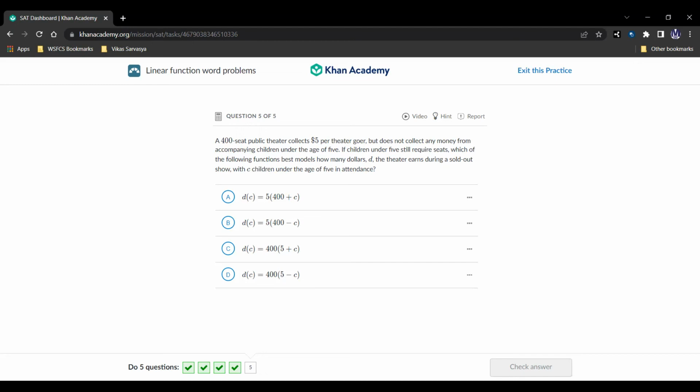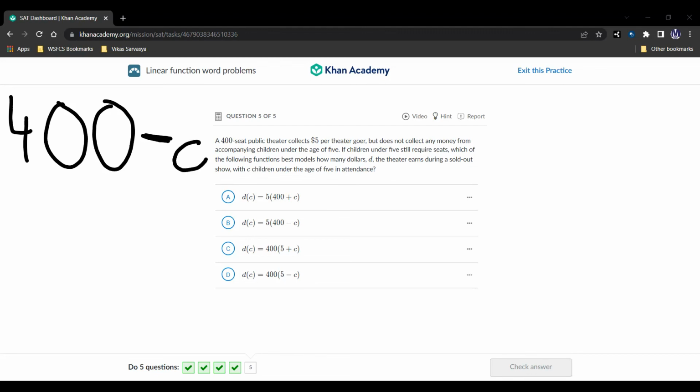Well, let's see what we can do here. So you have 400 seats, but C of them are taken up by children. So you have 400 minus C people who are actually paying.